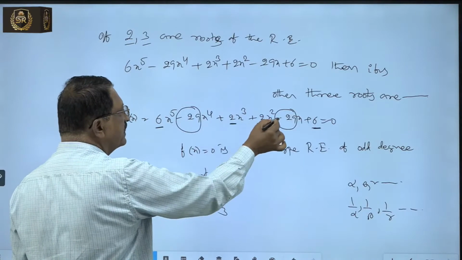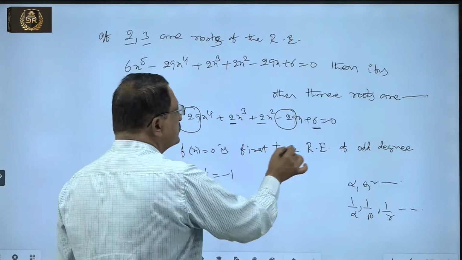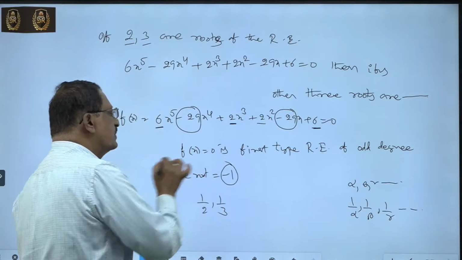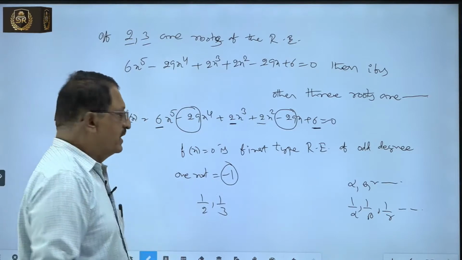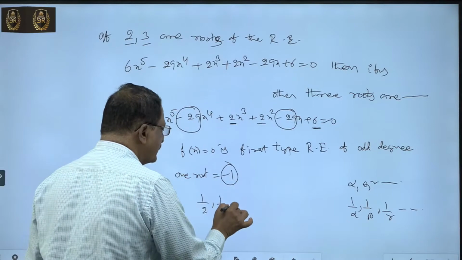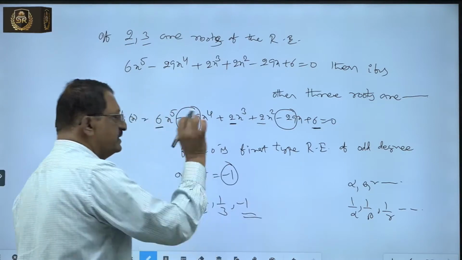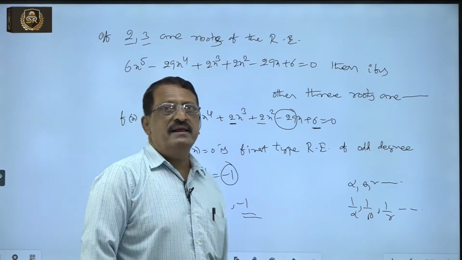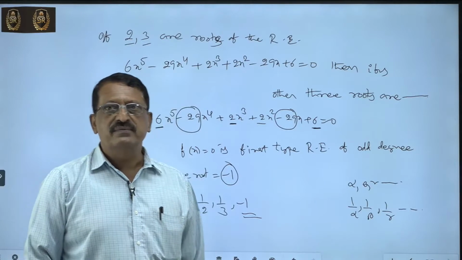But it is an odd degree first type reciprocal equation, so one root is minus 1. Therefore the other three roots are 1 by 2, 1 by 3 and minus 1. The last three roots 1 by 2, 1 by 3 and minus 1 are roots of this equation.